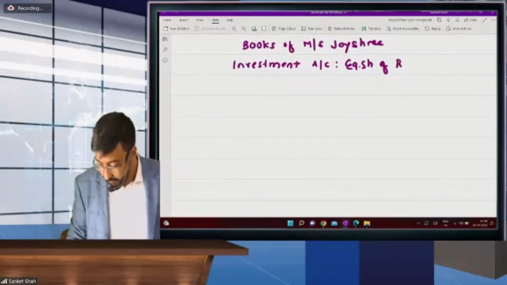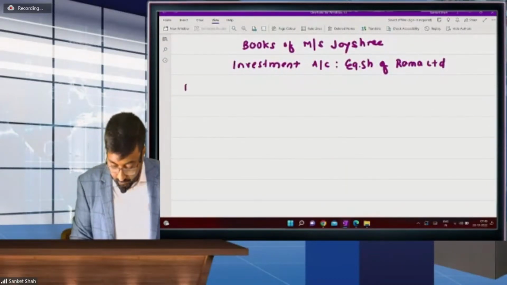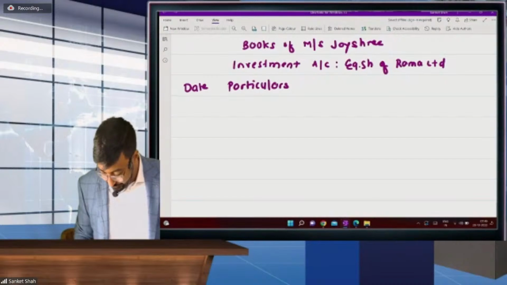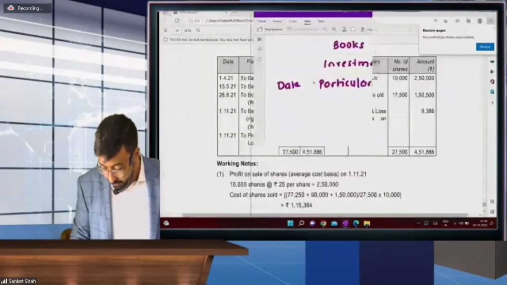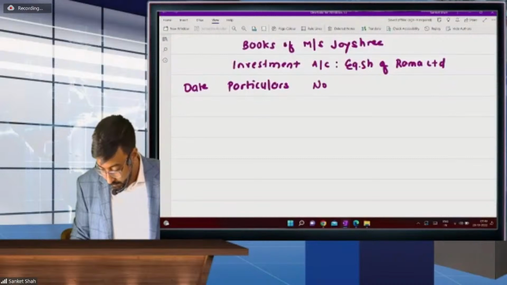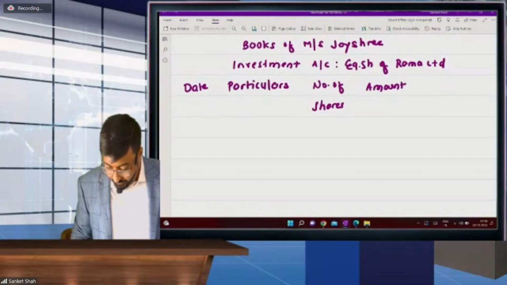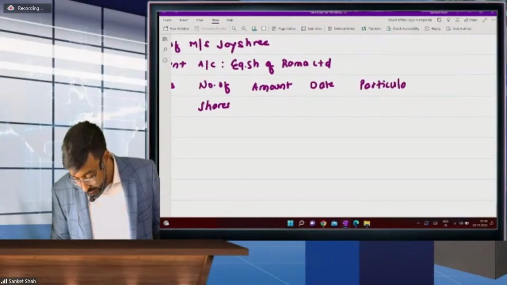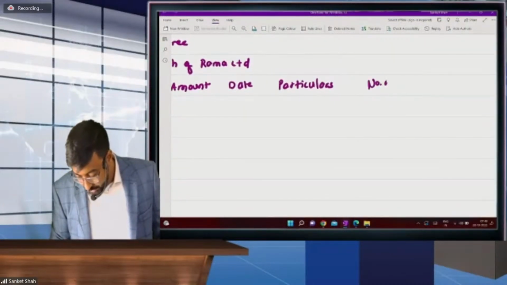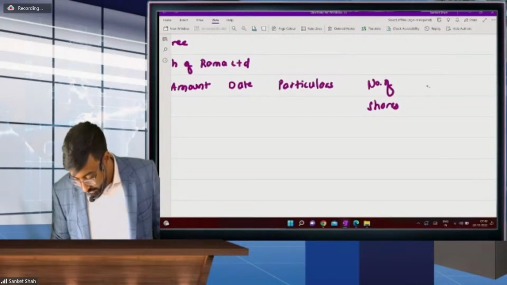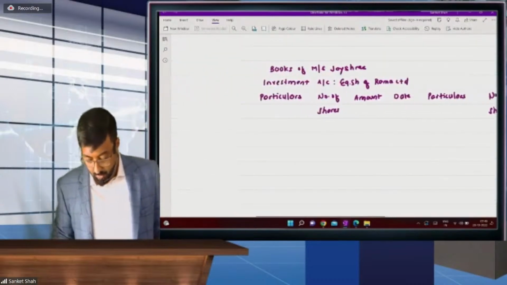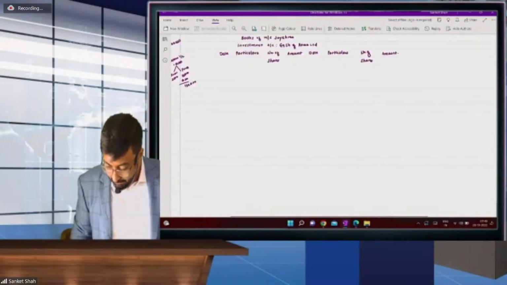Rama Limited. Date, particulars, number of shares, amount, date, particulars, number of shares, and amount. Okay. Better draw fast.